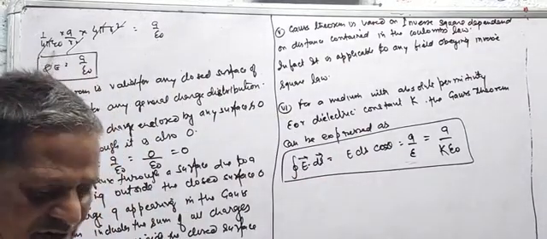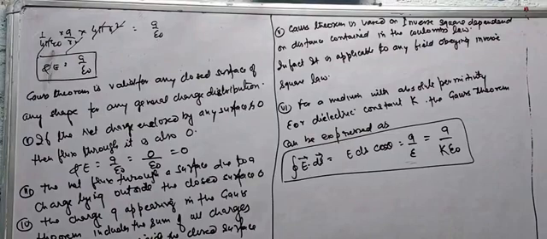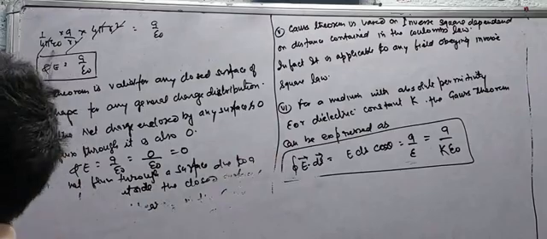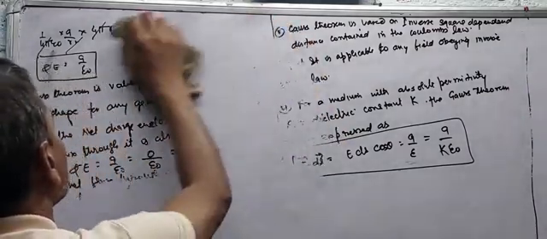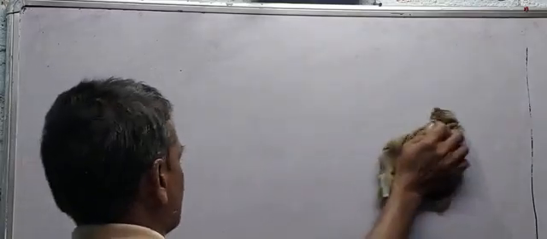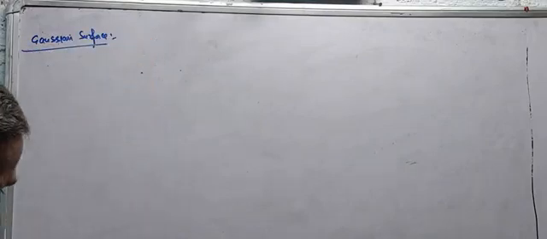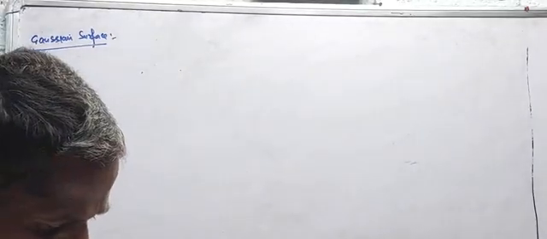Now we will describe the Gaussian surface.